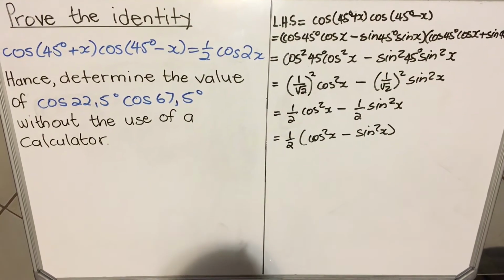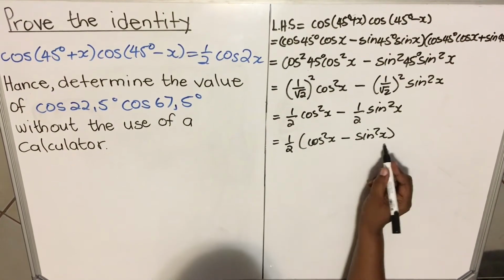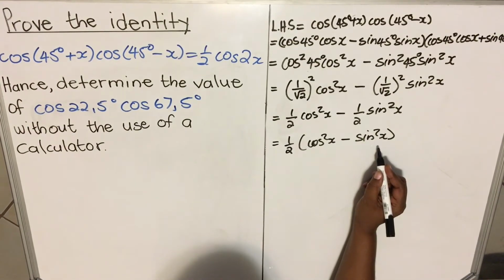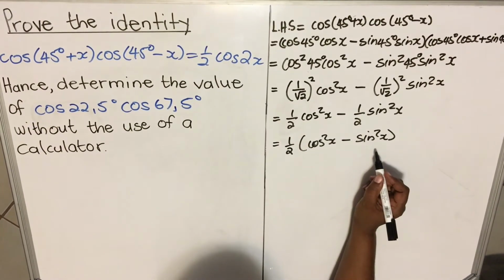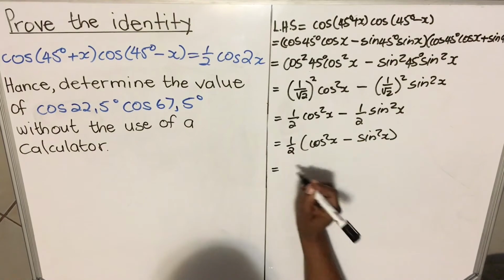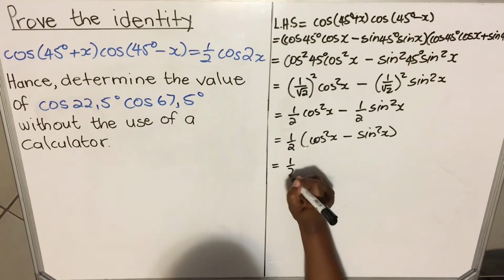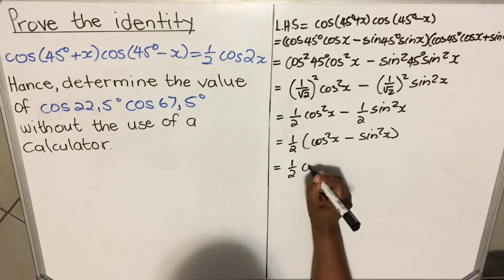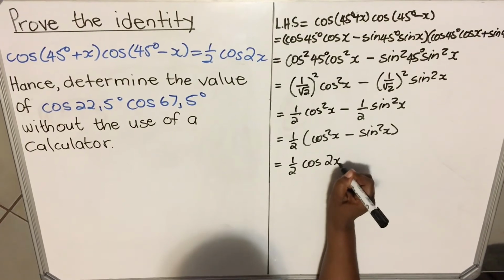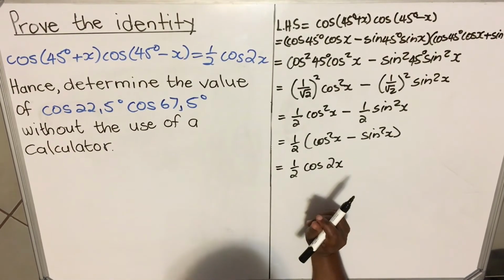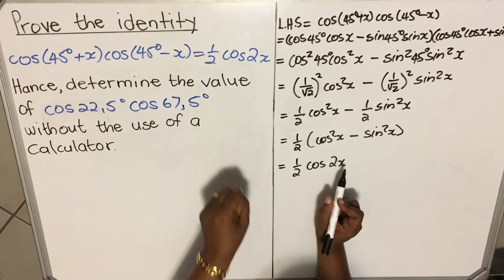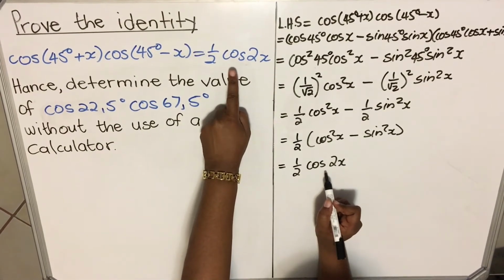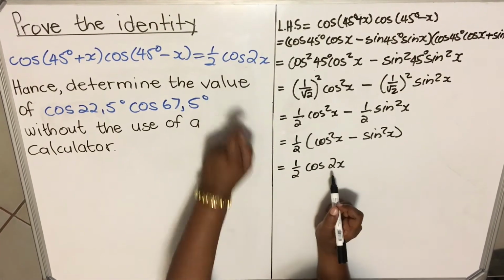Right? Take your formula sheet again. This is a double angle, a cos double angle. With cos, you have 3 double angles, and this is one of them. So this will be cos 2x. When you look at your identity, you actually got the identity. You have proven the identity.